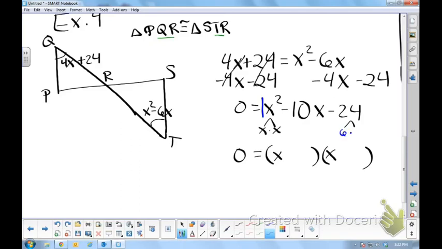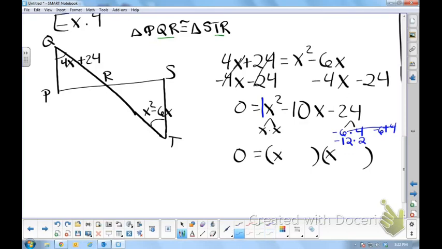But to multiply to be negative 24, one has to be negative, one has to be positive. So negative 6 times 4, yeah, that's negative 24, but negative 6 plus 4, that's negative 2. So those don't work. So we're actually going to use negative 12 and 2.